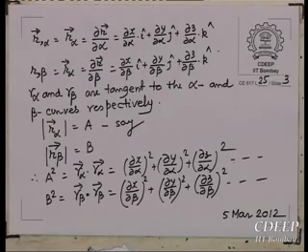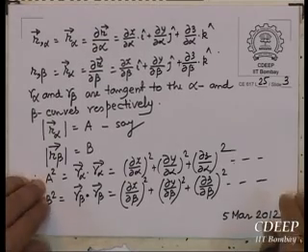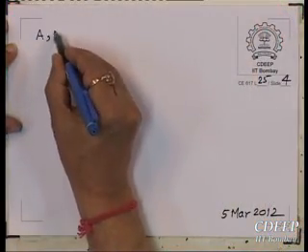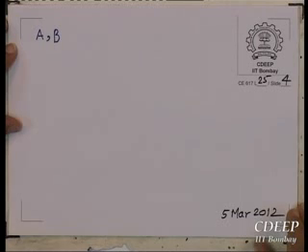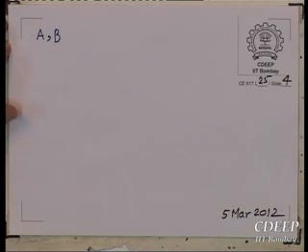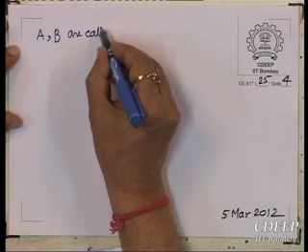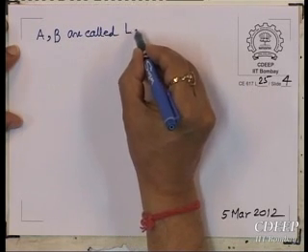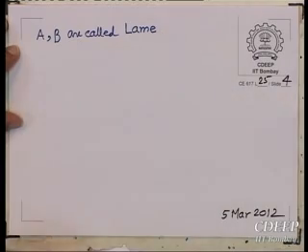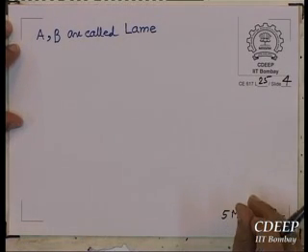So in surface mechanics, A and B, the magnitudes of the vectors, are called Lame, L-A-M-E, a great mathematician.